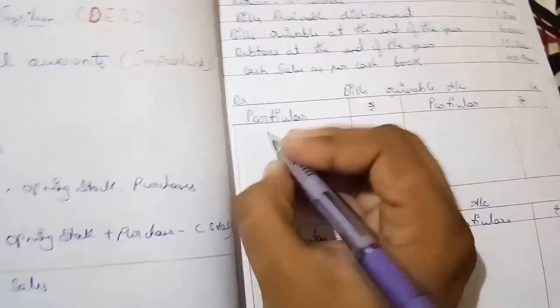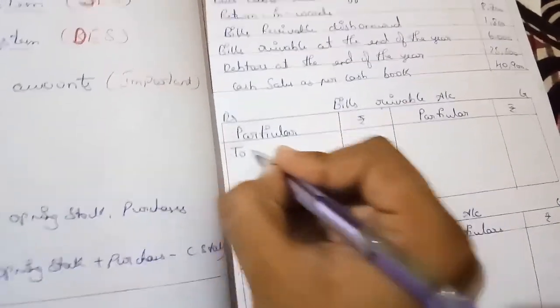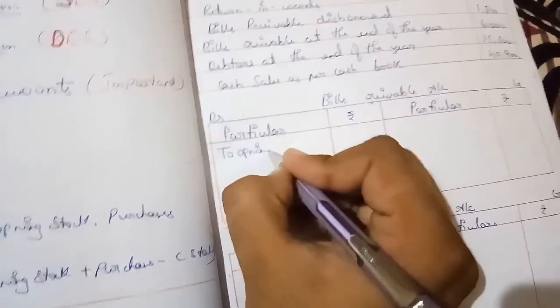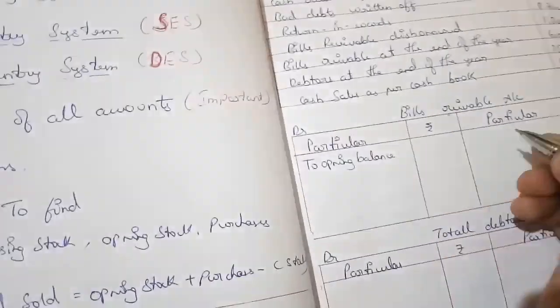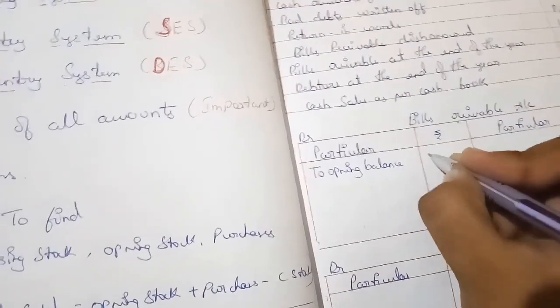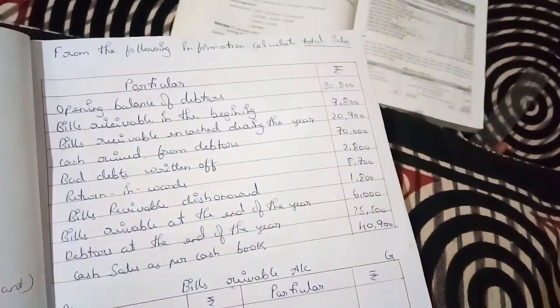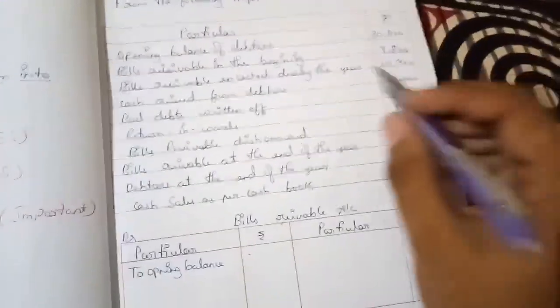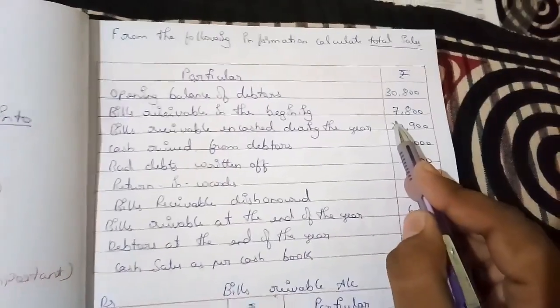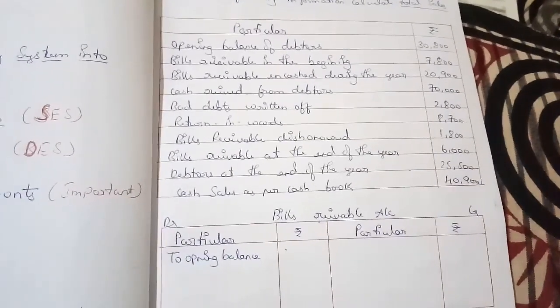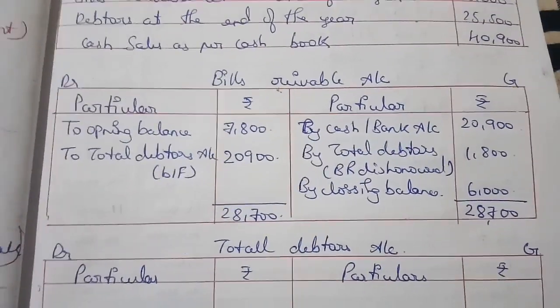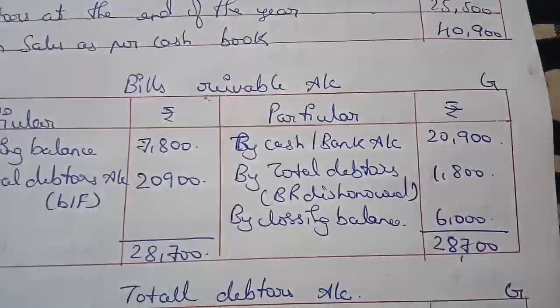So we'll write down, to opening balance. Here we have opening balance of 7,800. Let me write first, then I will explain you. So guys, I have finished your BR account.